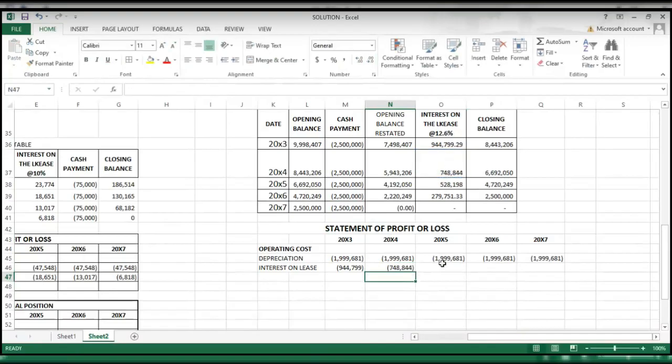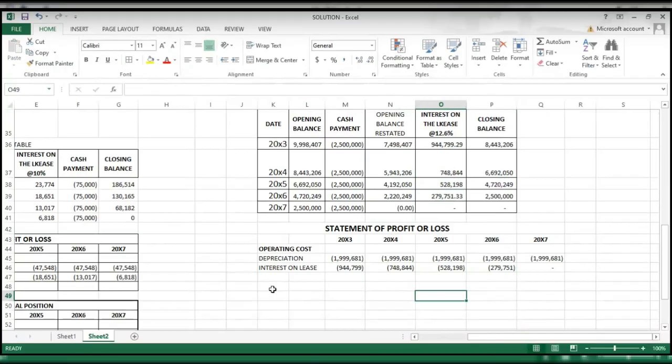In 20x5, we have these as the interest. In 20x6, we have these as the interest. And so we have our interest clearly brought into the financial statement. 20x7, there's no interest, so it's 0. That's how this will be presented.